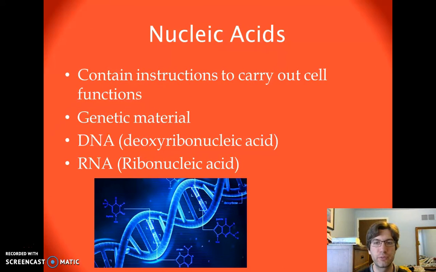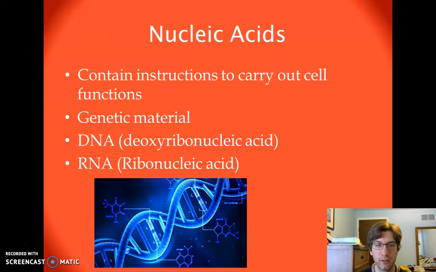Our next one, which is very important for our future discussion on genetics and heredity, is nucleic acids. These are your genetic materials. They are going to be found in your chromatin inside your nucleus if you are DNA, or deoxyribonucleic acid. It is important to know the name of that.